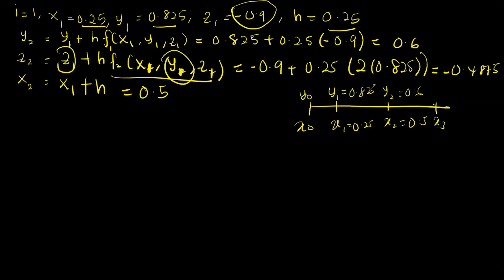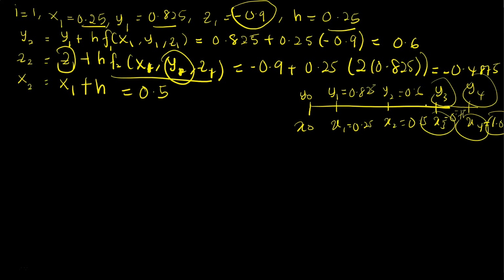Then you need to find x3, y3, x4, y4. Why is it up to x4? Because if you refer back to the previous slide, x3 is 0.75 and the last point is x4, 1.0. So this is the last point of x, which means you need to find up to y4.